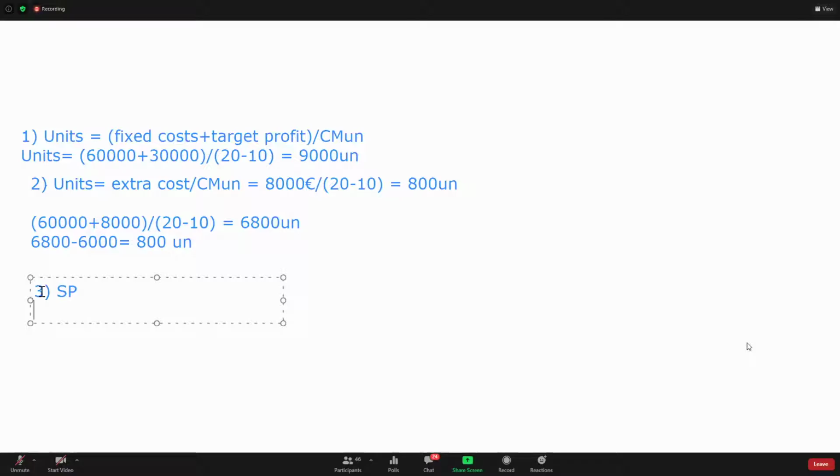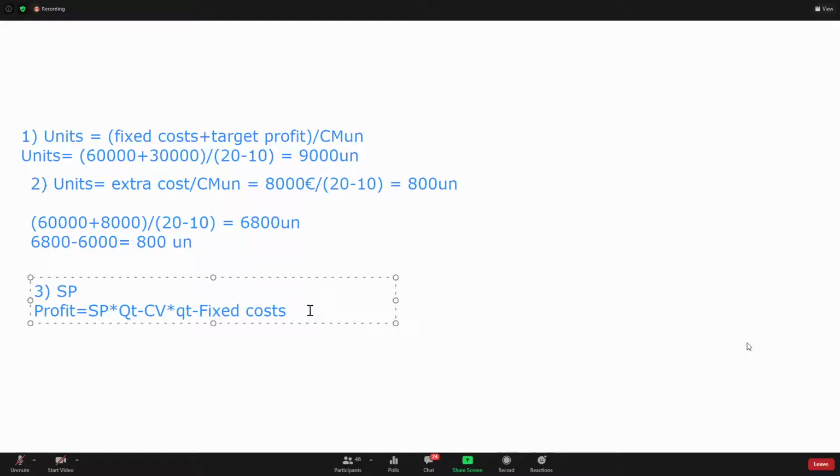We know the formula: the profit is equal to selling price times the quantity minus variable cost times the quantity minus fixed costs. So here we have an unknown, and the unknown is the selling price.